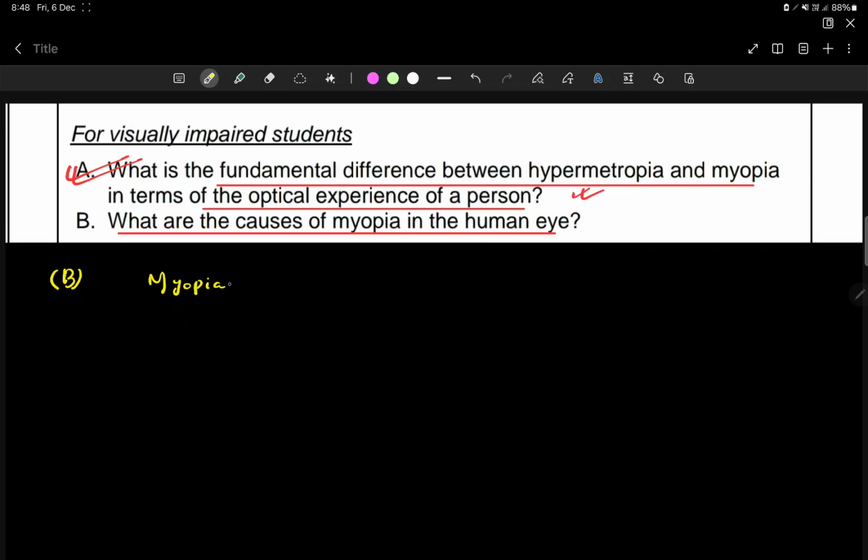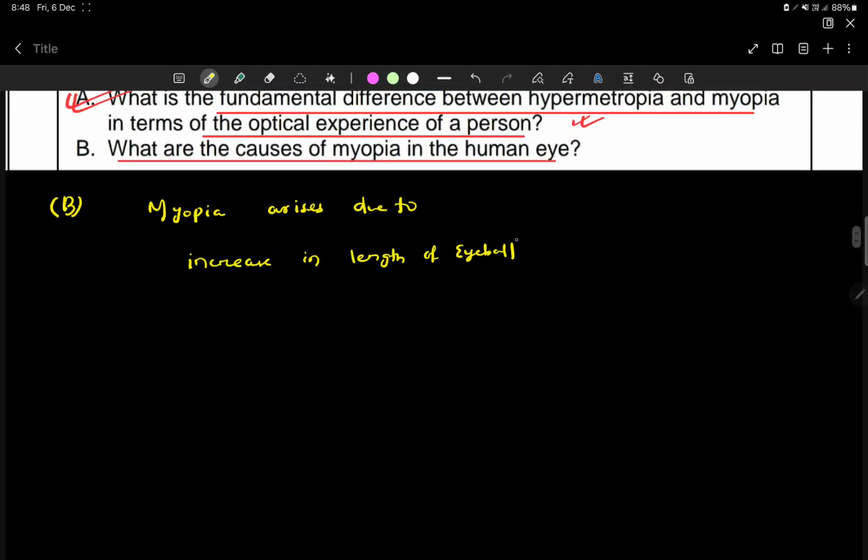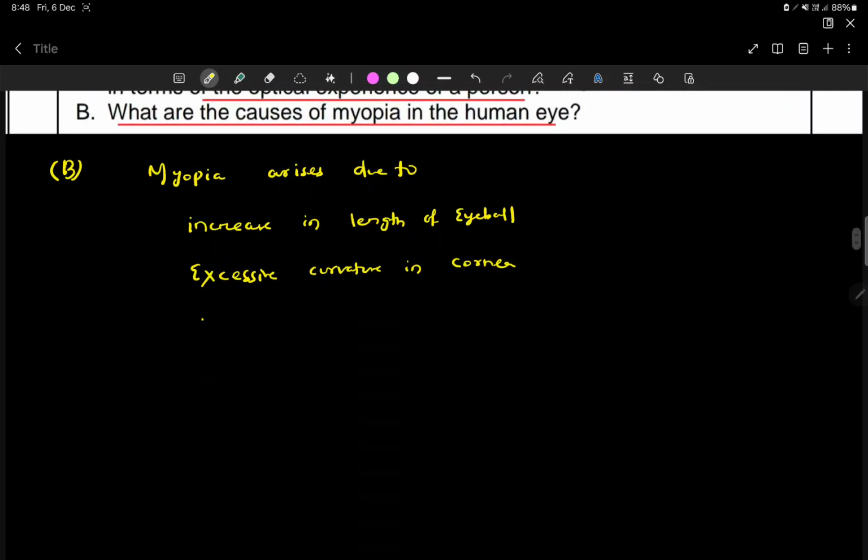Myopia arises due to increase in length of eyeball, excessive curvature in cornea, or due to decrease in focal length of eye lens.